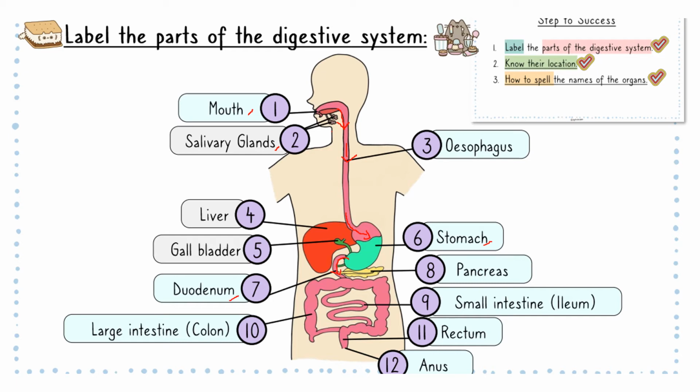The one in blue is the organ, and then after that it will go down into number 9, the small intestine called the ileum, and then out of the small intestine into the large intestine called the colon, and then after that it will go into the rectum, number 11, and then out of the body through your anus.